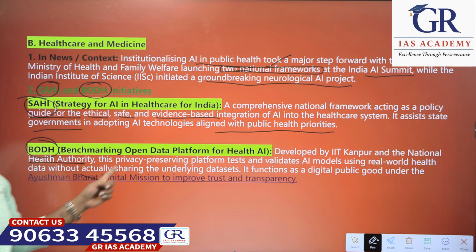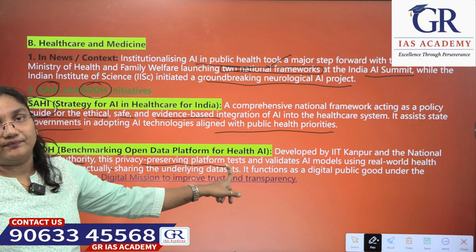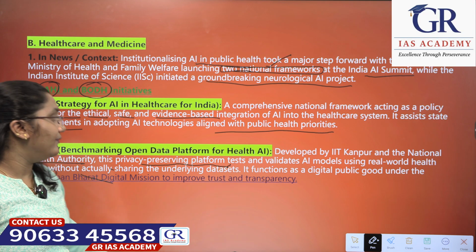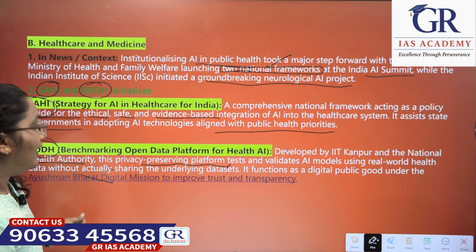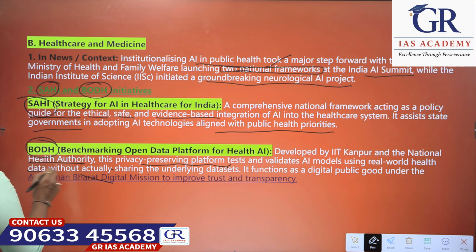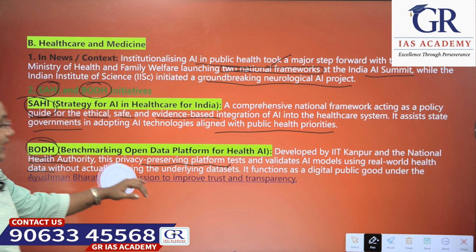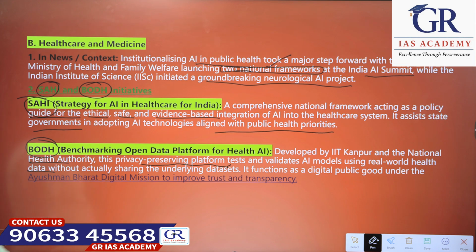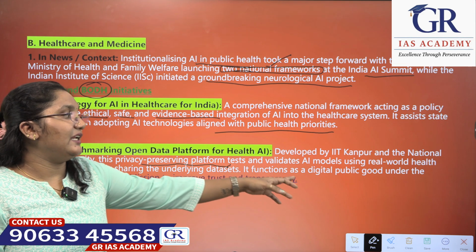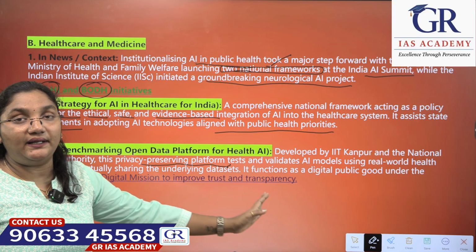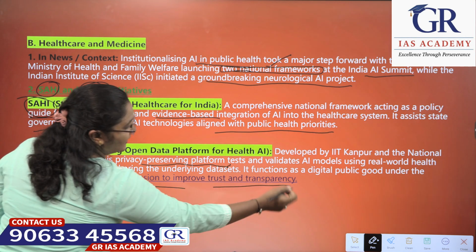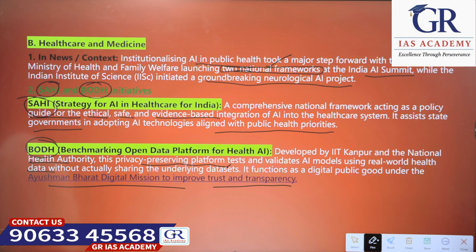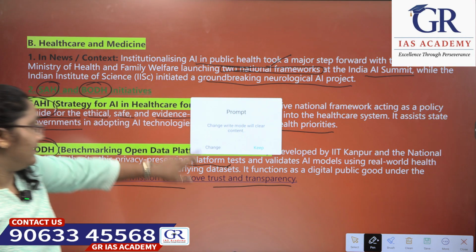It is a privacy-preserving platform which tests and validates AI models using real-world health data without actually sharing the underlying datasets. It functions as a digital public good under the Ayushman Bharat Digital Mission to improve trust and transparency. Okay, this is what Bodh is.